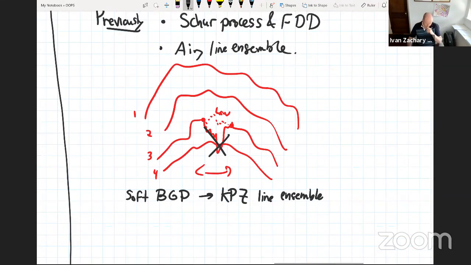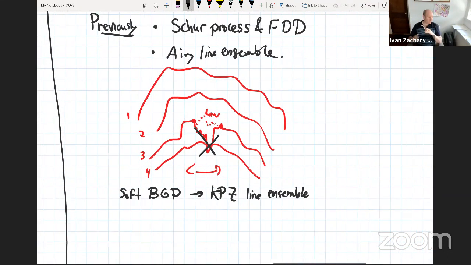Actually, let me mention one thing. When you're dealing with lattice models, like Ising models, or tiling models, constructing infinite volume Gibbs measures is not always easy. It often takes a lot of work. And in fact, that's what we did in the last lecture. We constructed an infinite volume Gibbs measure, the Airy line ensemble.